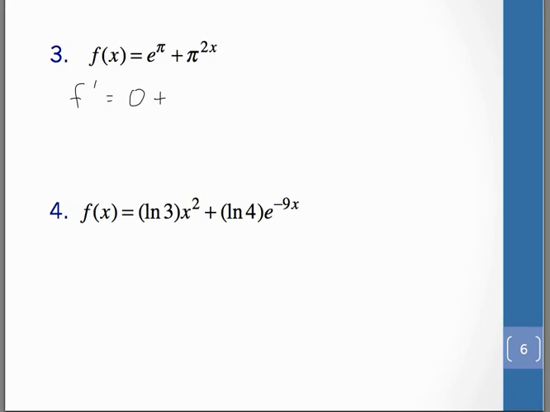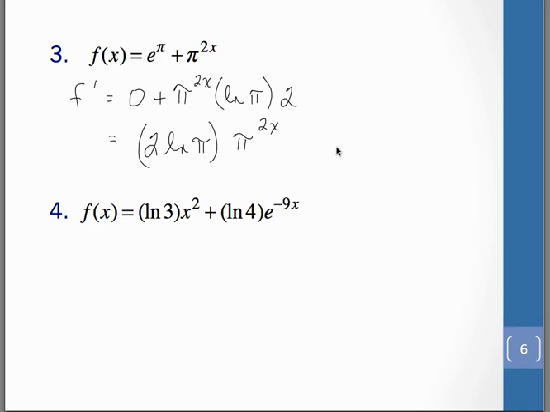So we're going to have pi raised to the 2x times the natural log of pi, but then we need to multiply by the derivative of the exponent, which is just 2. So you could maybe see it rewritten as 2 natural log of pi, that's sort of like a coefficient of sorts, times pi to the 2x.